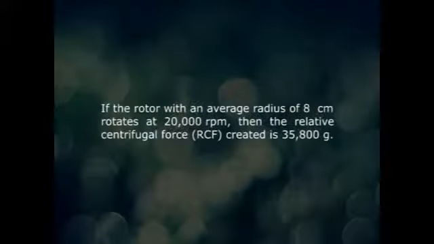This equation relates RCF to revolutions per minute of the sample and the radius of the rotor. For example, if the rotor with an average radius of 8 cm rotates at 20,000 rpm, then the relative centrifugal force RCF created is 35,800 G.